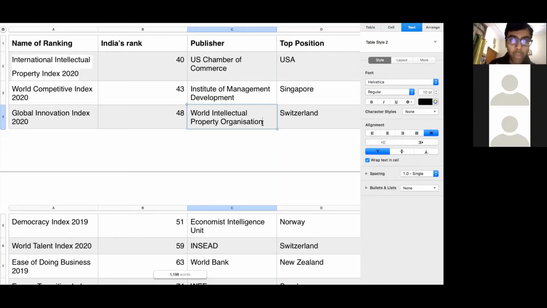India's rank in the 2020 index released by WIPO was 48, and the top position was Switzerland. In some other rankings as well, Switzerland is nowadays among the top 2 or the top ranked country in the world.